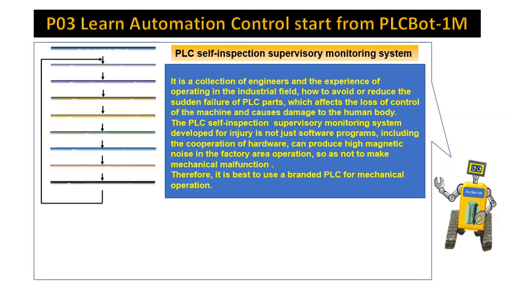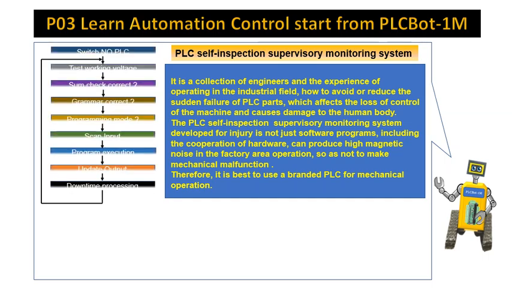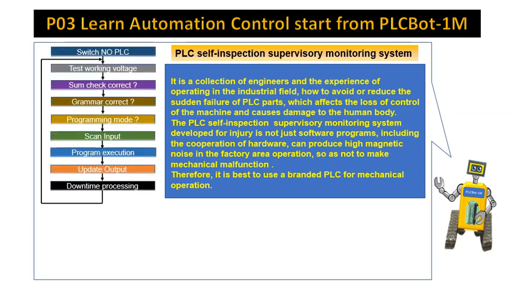The PLC Self-Inspection Supervisory Monitoring System is not just software programs, but includes the cooperation of hardware, as the factory area can produce high magnetic noise during operation, so as not to cause mechanical malfunction. Therefore, it is best to use a branded PLC for mechanical operation.